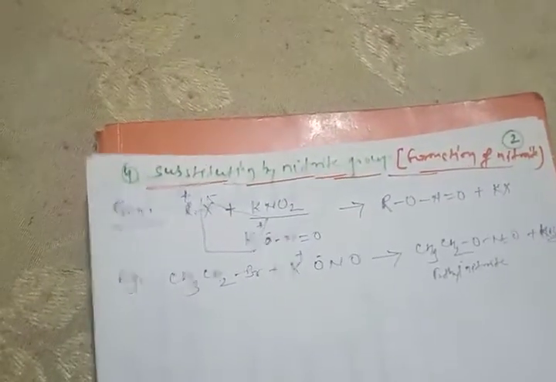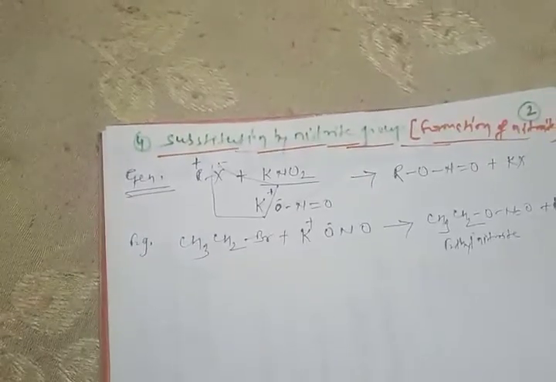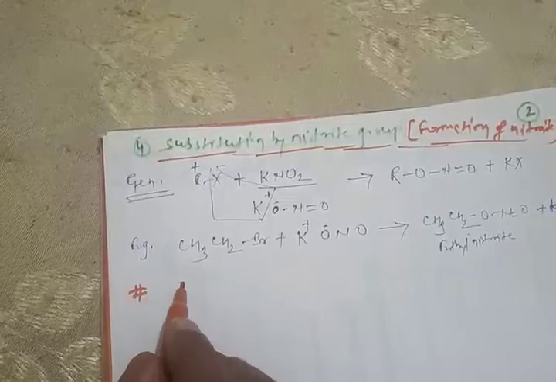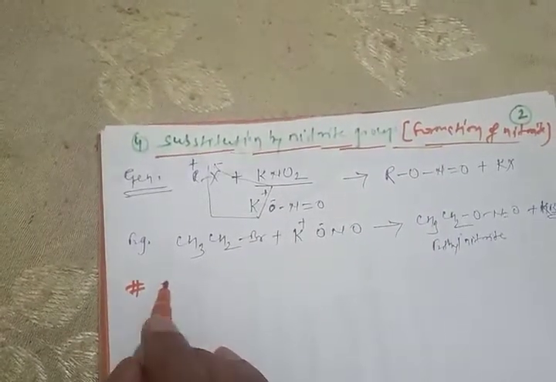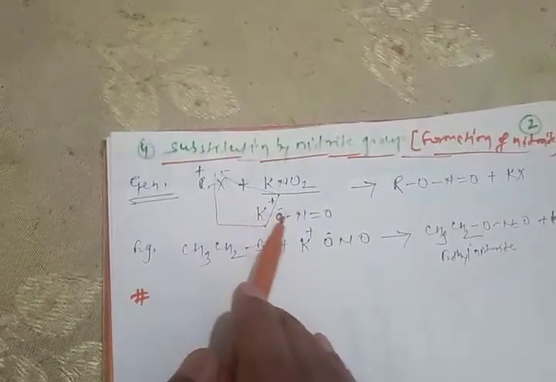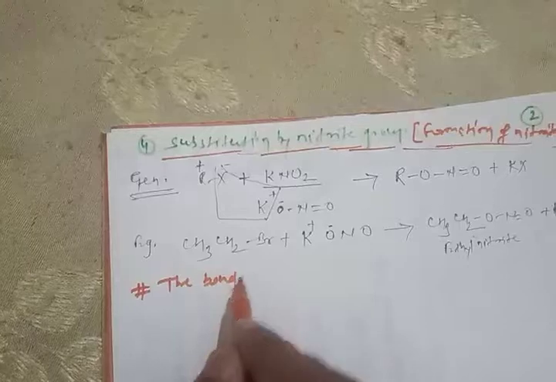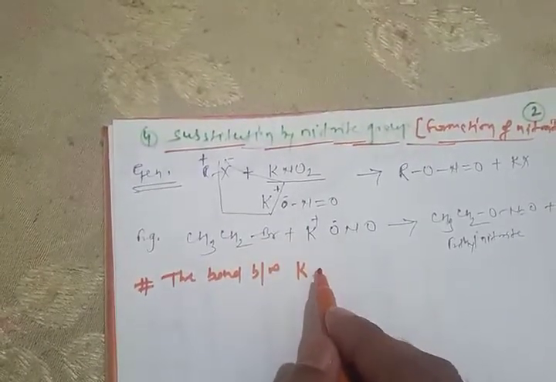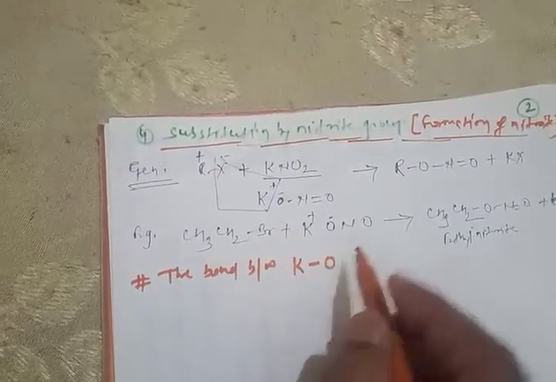Now what is the important thing to understand? The bond between K and O is an ionic bond.